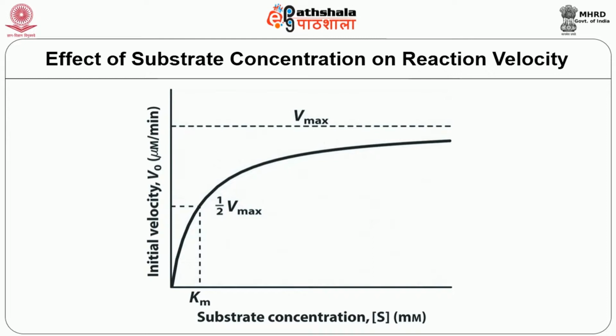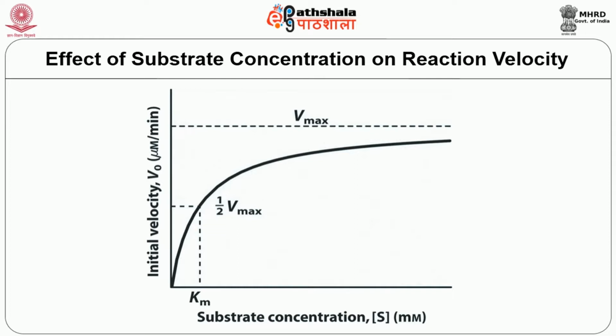I would like to draw your attention to the position in the graph called the half maximal velocity, at which point the substrate concentration is responsible for half of the maximum velocity of the enzyme. So this point is called the Km value.